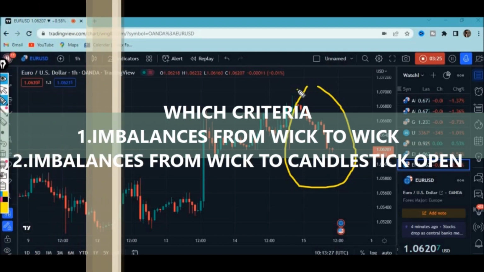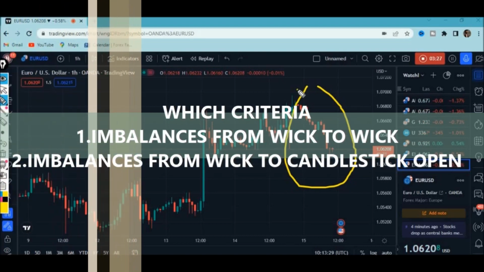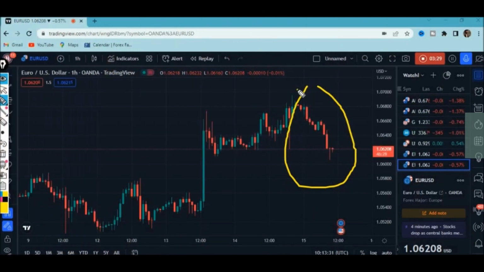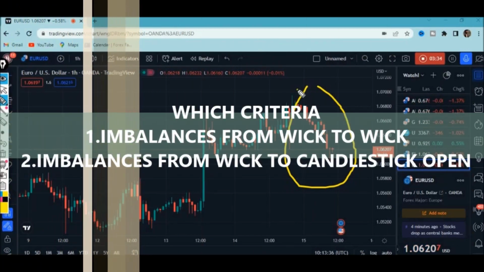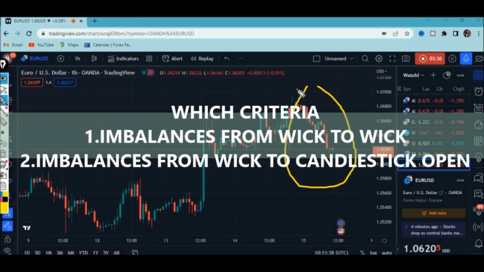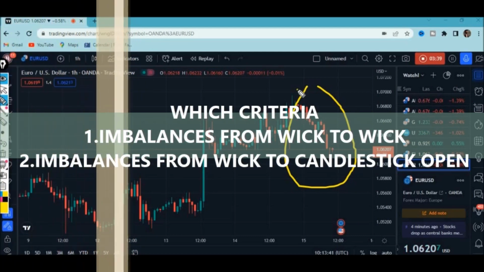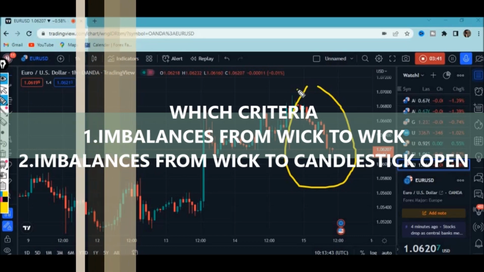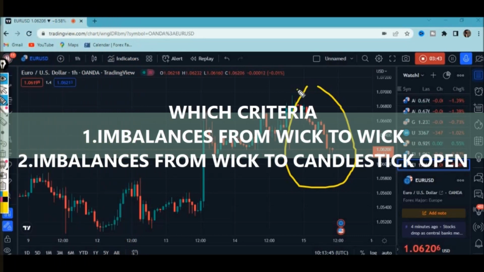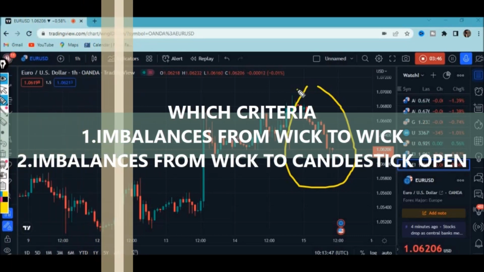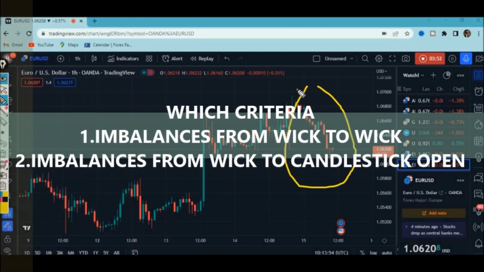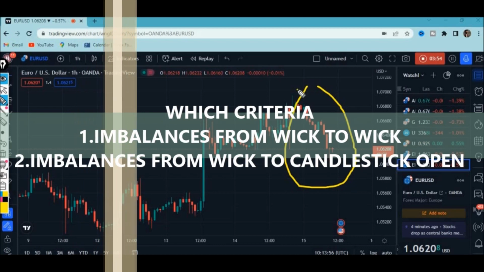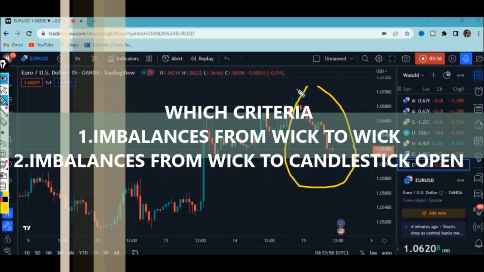That's what really convinced me that it is working perfectly well, and that we are able to find valid order blocks, because you can see how it is using the imbalances from wick to wick and from wick to open of each candlestick. So whenever you see that supply and demand zone, it tells you an order block is there, and it is being found using the imbalances from wick to wick and from wick to open of any candlestick pattern.